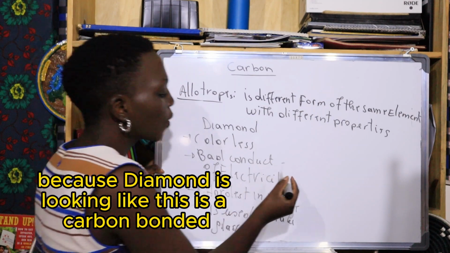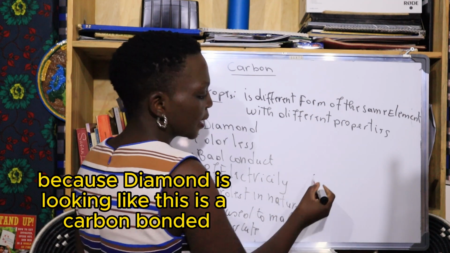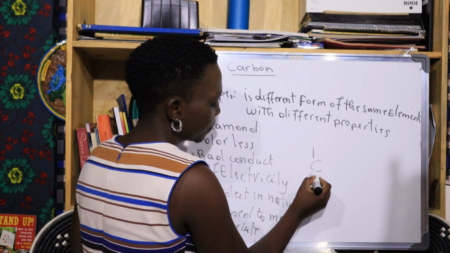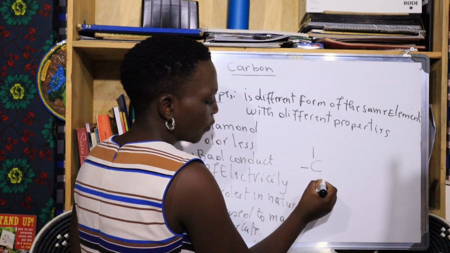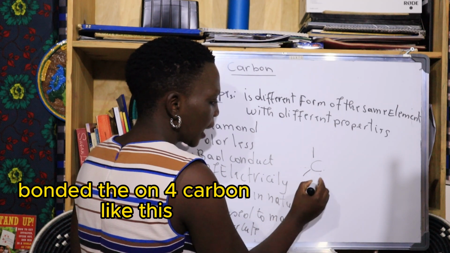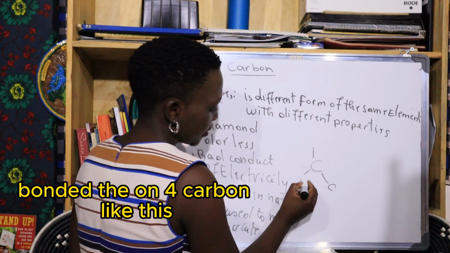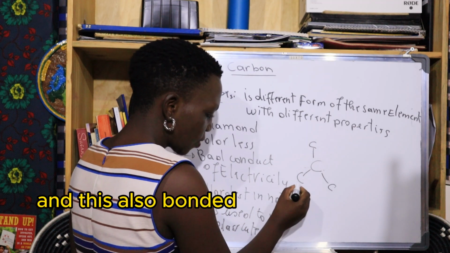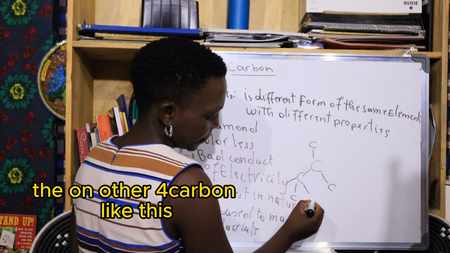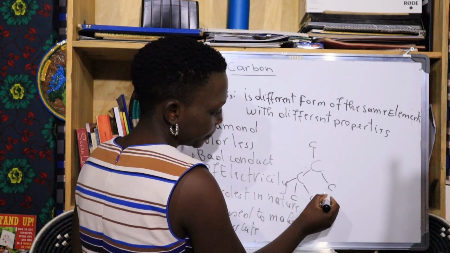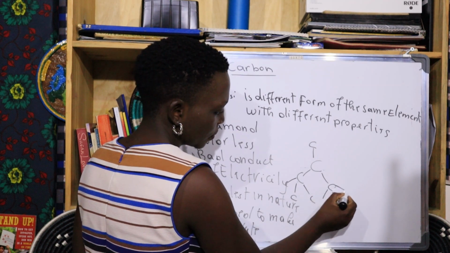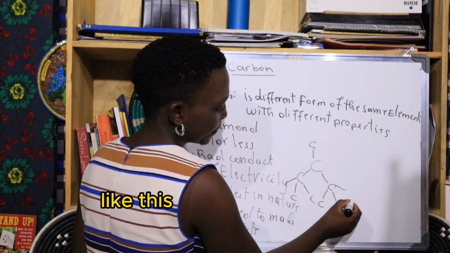Diamond is looking like this. A carbon is bonded to 4 carbons, like this, and each of these is also bonded to other 4 carbons, like this.